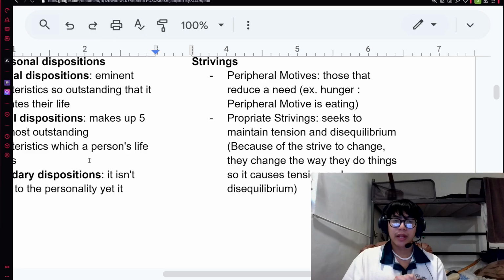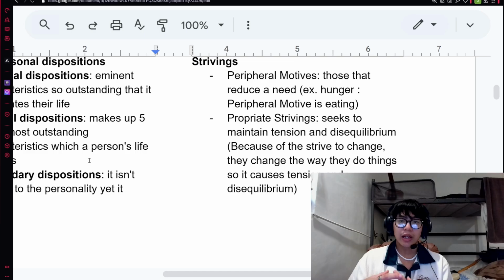That is obviously hard to maintain because you're not a naturally good person. You're a bad person. So this obviously means that it would cause tension and disequilibrium. But that's okay because you're applying it to your life to change, right? Your purpose is for change. So that's what appropriate striving says. It's just the tension and disequilibrium experienced from change. That's it.